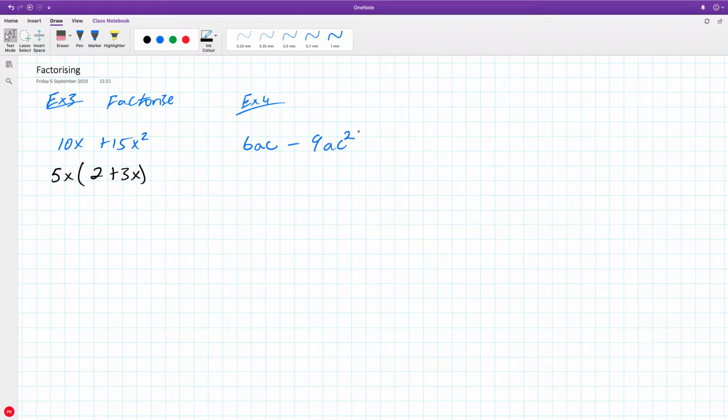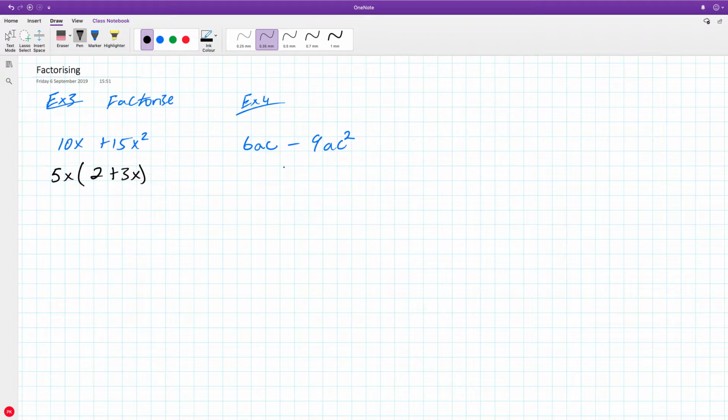Squared. Right, factorize 6ac minus 9ac squared. Right, Grace, me this time.